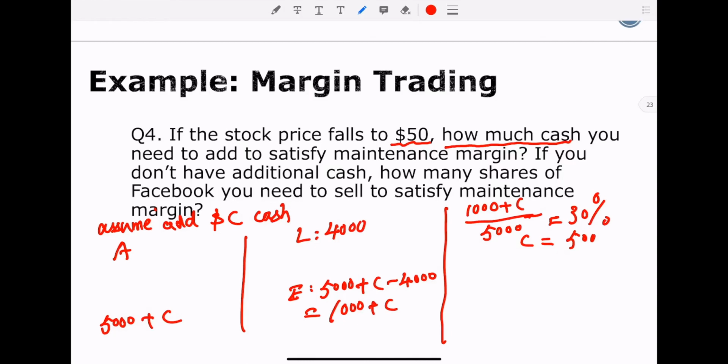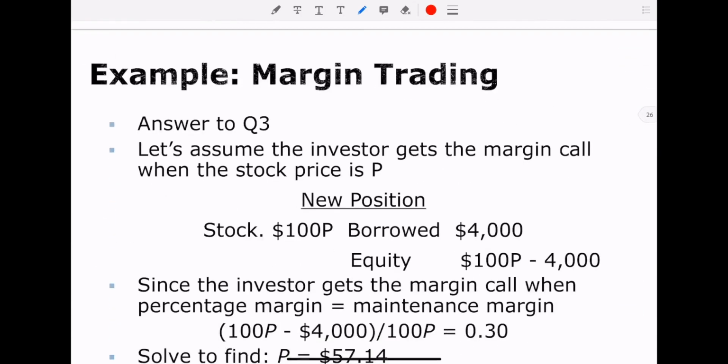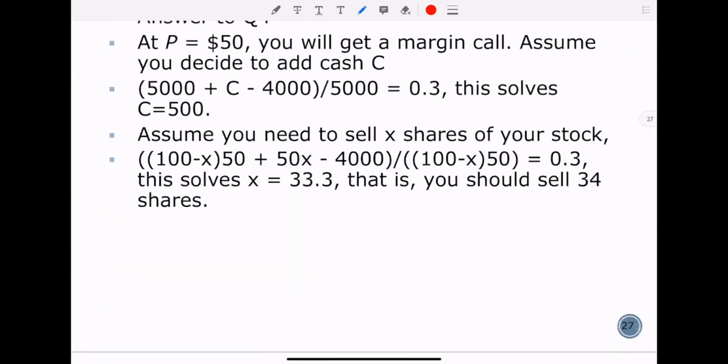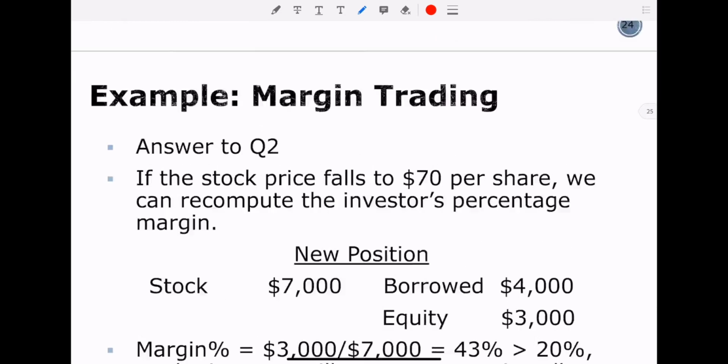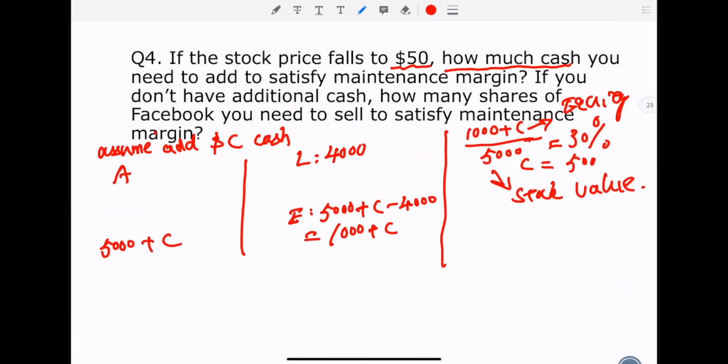You can see that this is basically equity, and this is basically the value of your stock, right? Okay, let me double check whether I am correct. Okay, so you can see that it's $500. Okay, great. Now let's look at the next question.